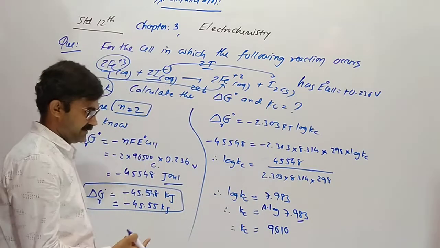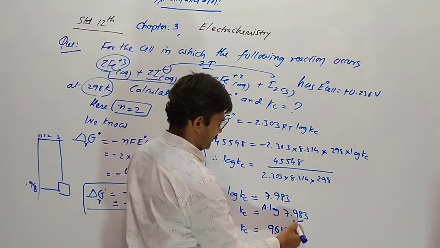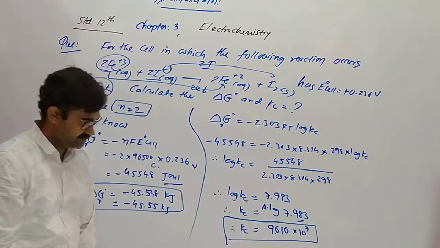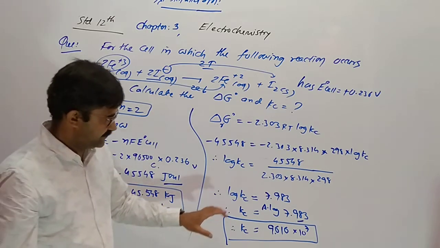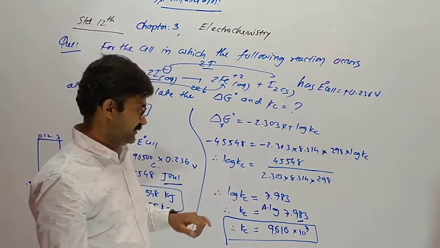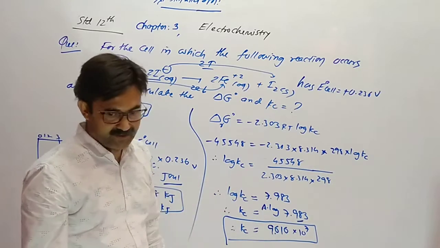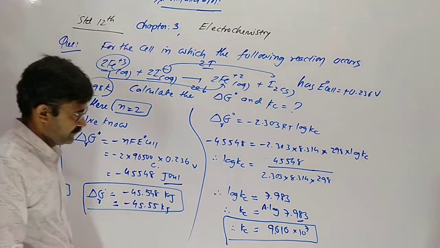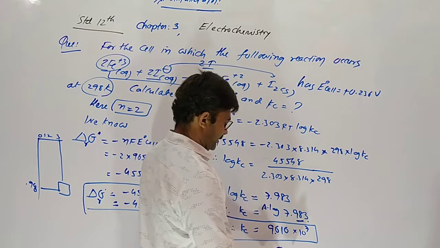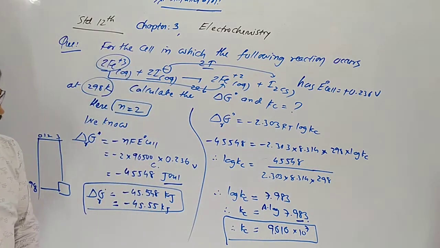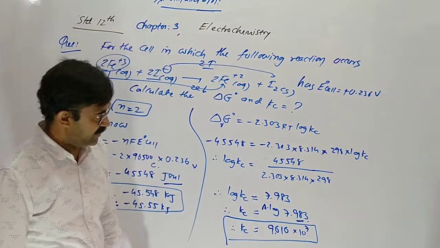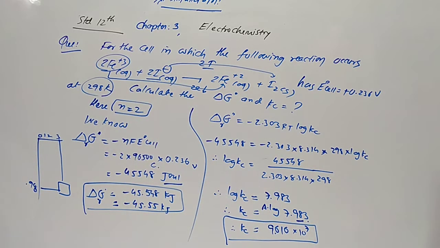After one digit there should be the point, and the 7 before the point becomes the power. So Kc is 9.616 × 10^7. This is the method once again: division, then log, remove the log from both sides by applying anti-log. This is our numerical.